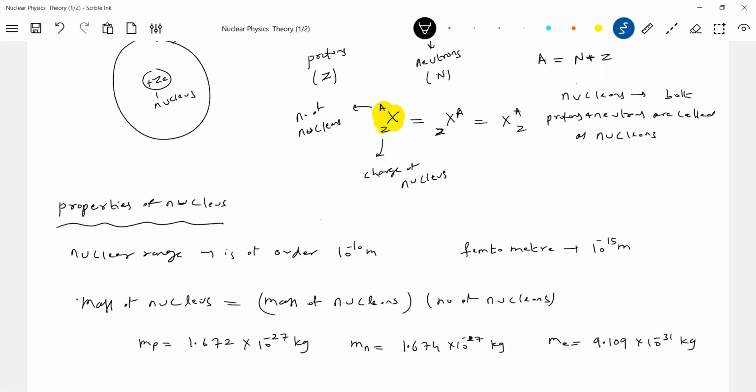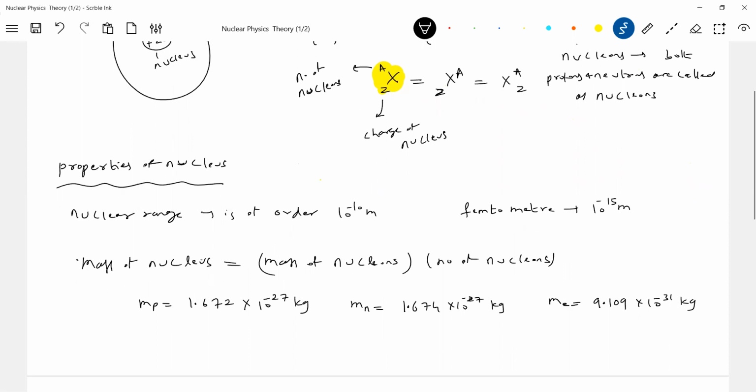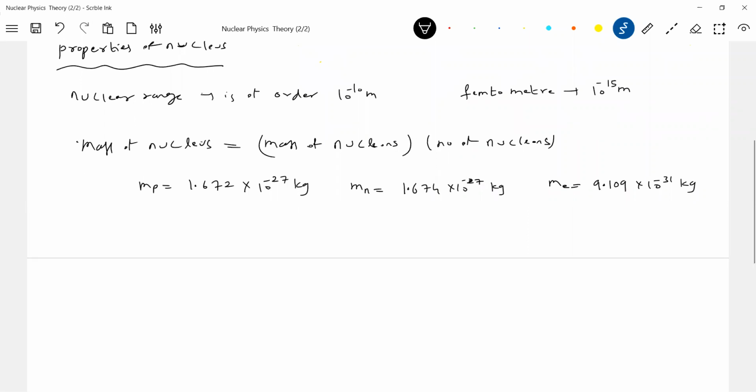Dealing with quantities of such very small values will be very difficult in calculations. For that purpose, we bring in the atomic mass unit, 1 AMU, or 1 u.